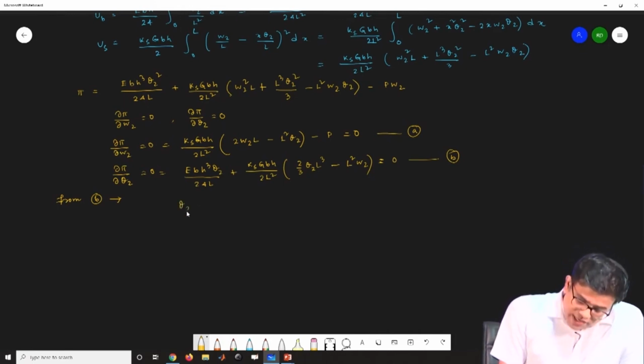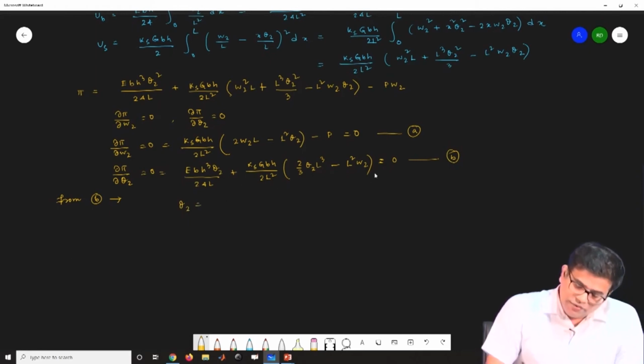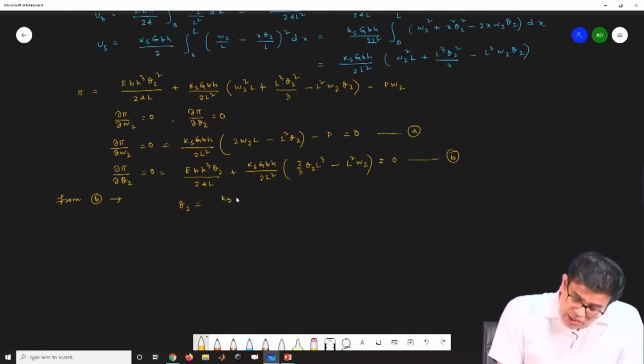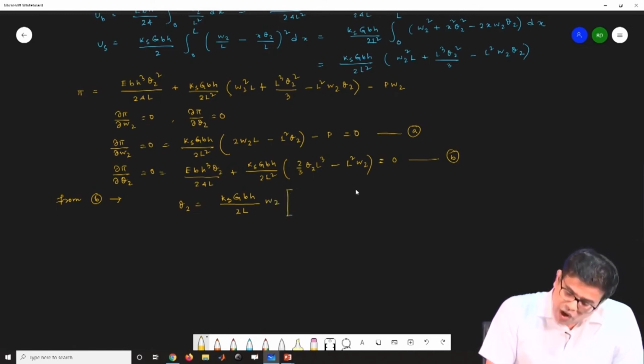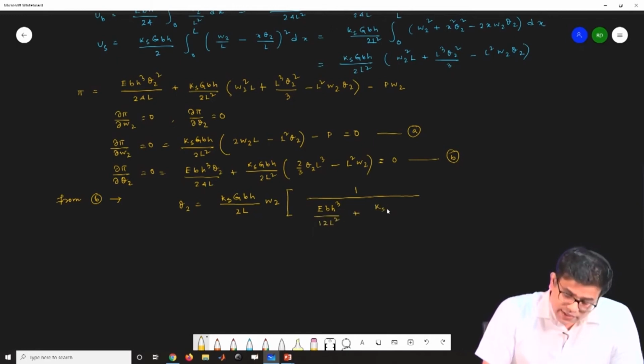Theta 2, if I substitute from B, is KsGBH by 2L into W2 by 1 by EBH cube by 12L square plus KsGA by 3.